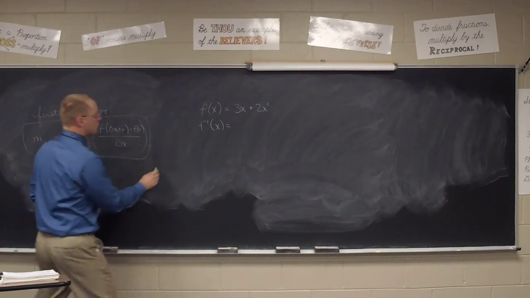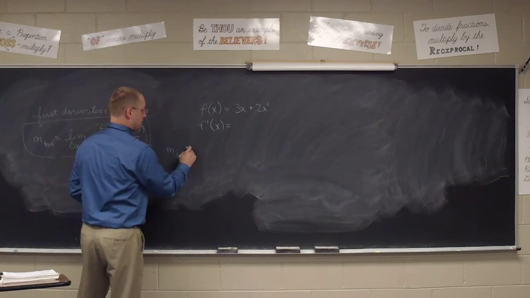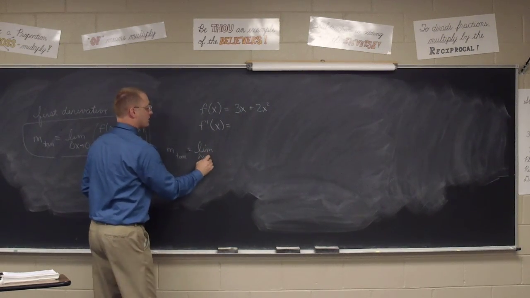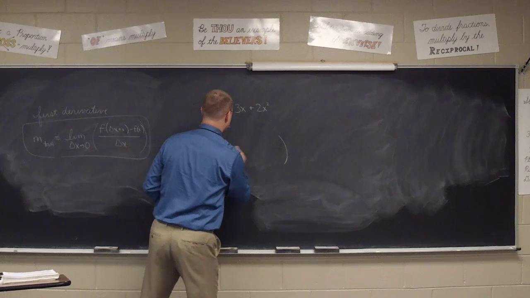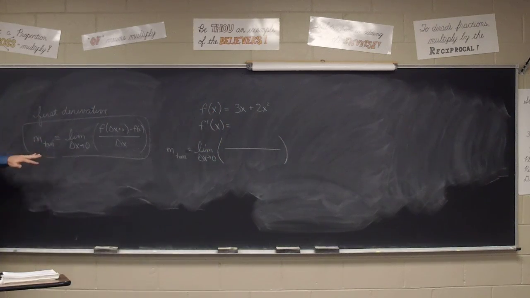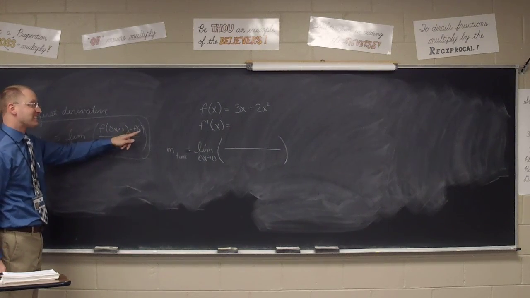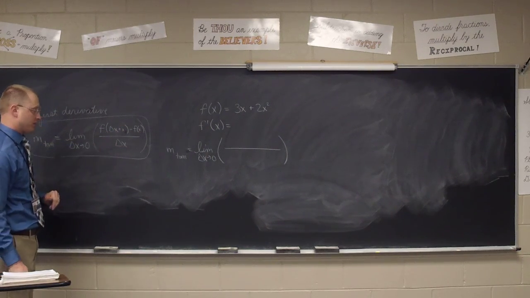All right? So we want to know the slope of the tangent line, which means that's going to equal the limit as delta x approaches 0, and then actually let's say the formula together here. The slope of the tangent line equals the limit as delta x approaches 0 for f of delta x plus x minus f of x all over delta x.